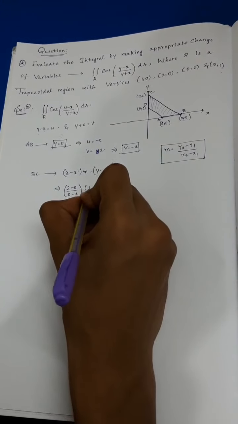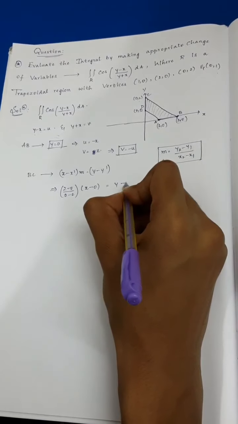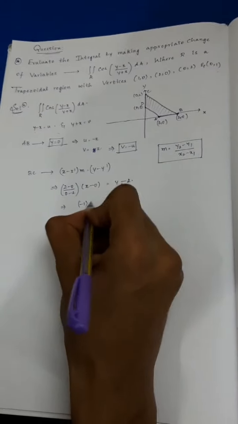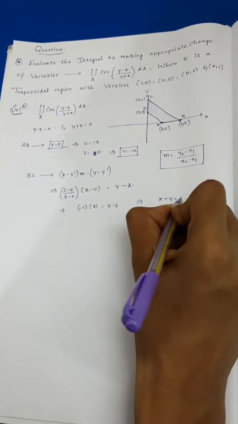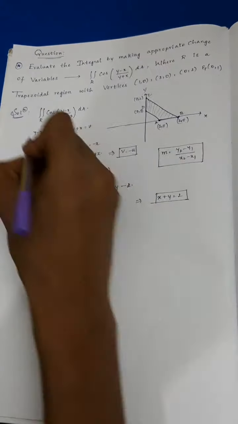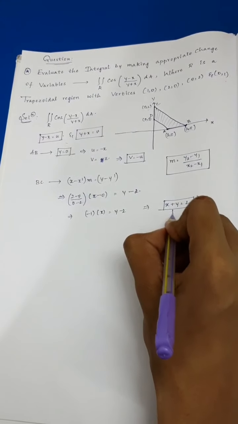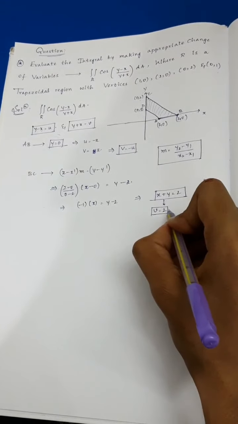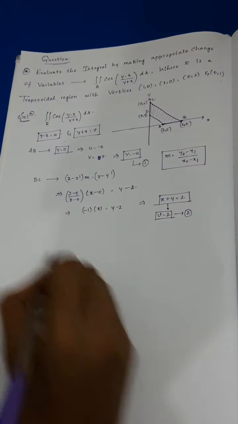So minus 1 times (x minus 0) equals y minus 2. Here minus 1 times x equals y minus 2, so we get x plus y equals 2. So the BC line equation is x plus y equals 2. Since we already know that x plus y equals v, we can say that v equals 2. This is the second line equation.